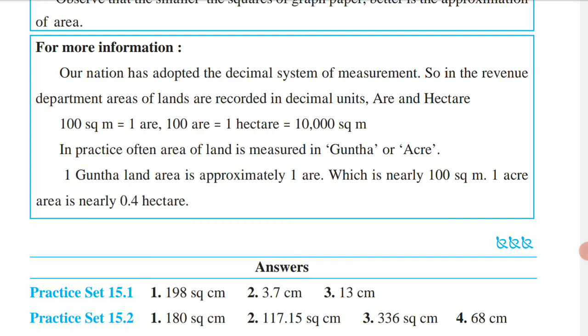In practice, often area of land is measured in gunta or acres. 1 gunta of land is approximately 1 are, which is nearly 100 square meter. 1 acre area is nearly 0.4 hectares. Remember these things for our daily life.